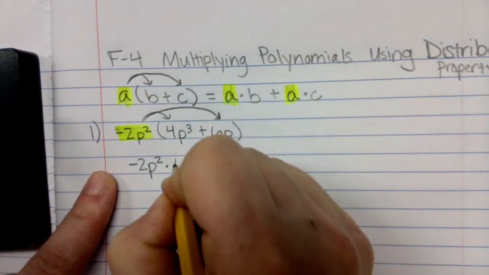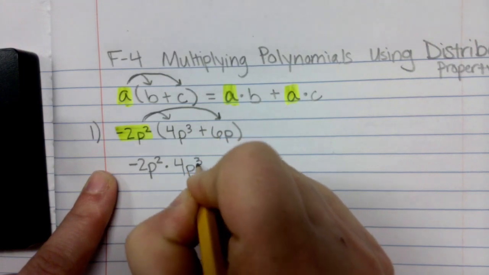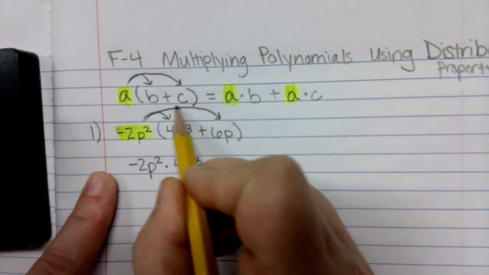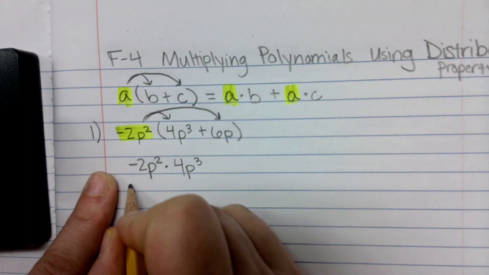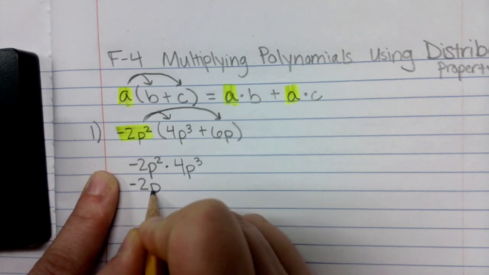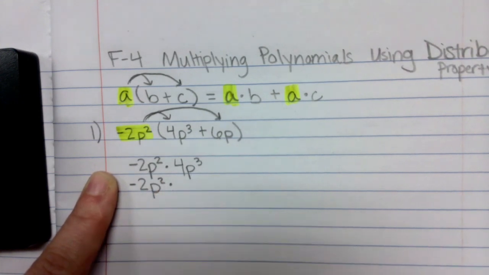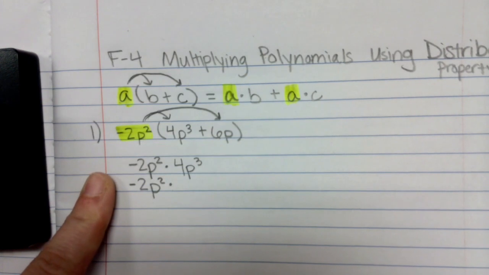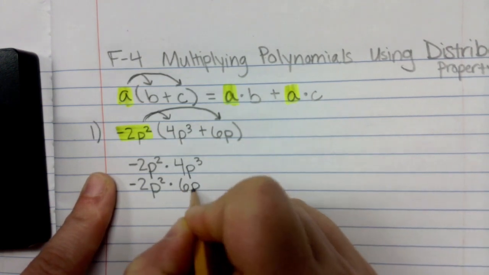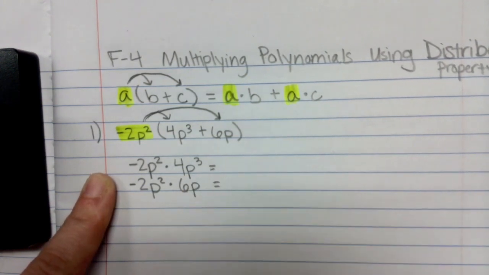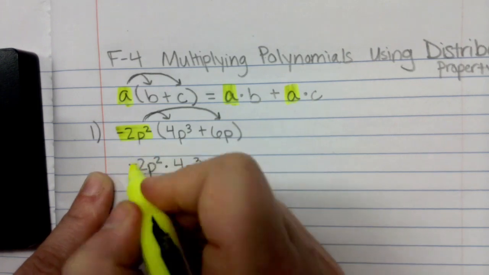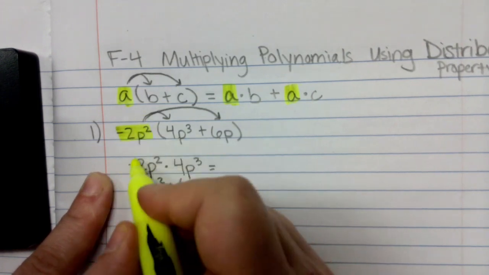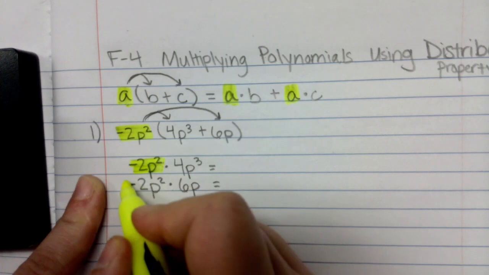But we're going to do it again with that second arrow. So I'm going to take that negative 2p to the second power again times the second part, 6p. If you want to, you can highlight that so you can see that that negative 2p squared we did twice. That's why there's 2 arrows coming from the negative 2p squared.